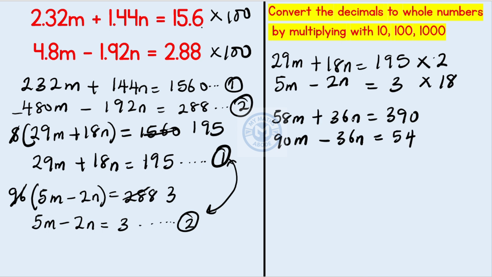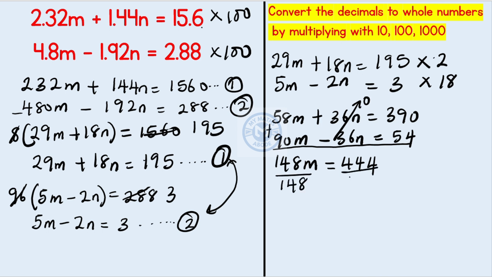So I want to eliminate n and it has positive, negative. So I'm eliminating with a positive sign. So 58m plus 90m will give me 148m and give me 444. So I'll divide both sides by the coefficient of m, which is 148, and my m will be equal to 3.